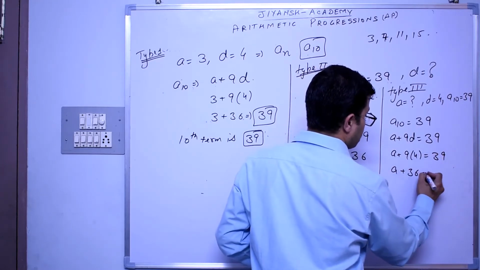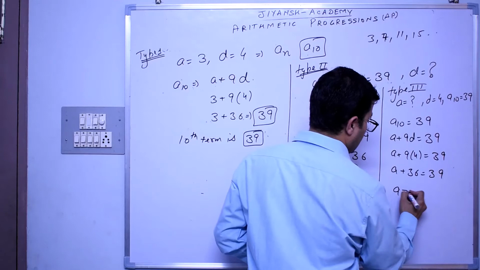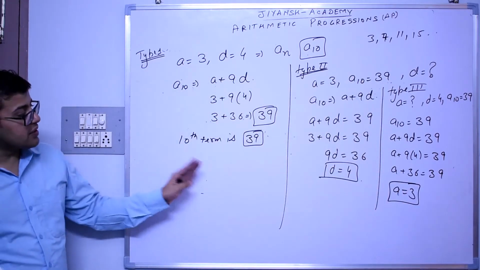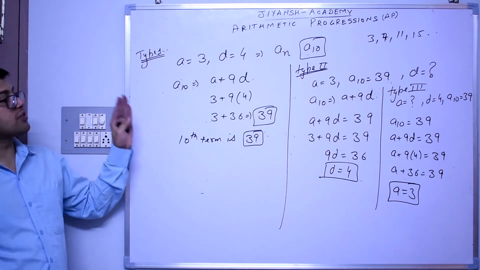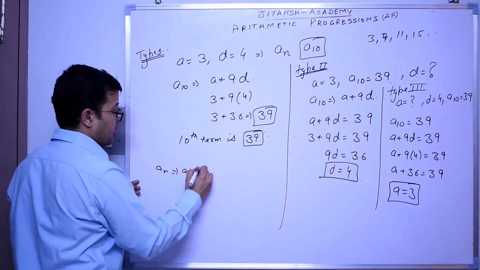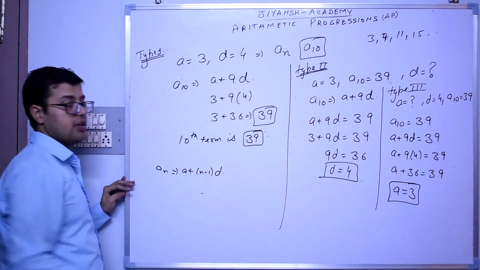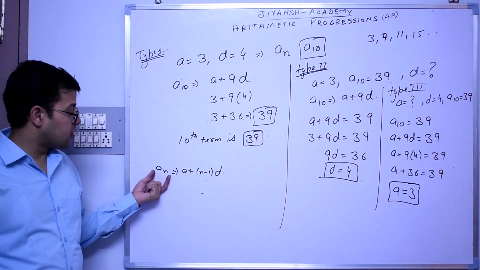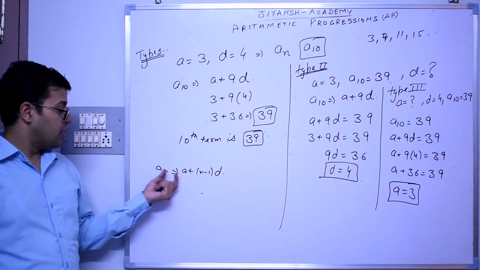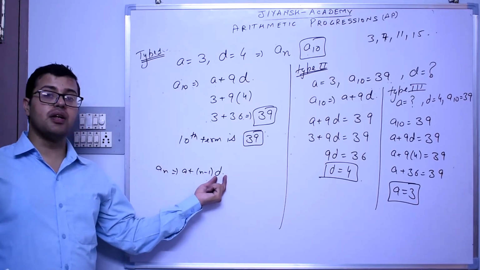A plus 36 is equal to 39. A comes out to be 3. So these are very simple questions based on the same formula, that is the general term, An is A plus n minus 1 into D. The first thing is you have to find out the value of An. Secondly, if An is given, you can determine A. If An is given, you can also determine D.